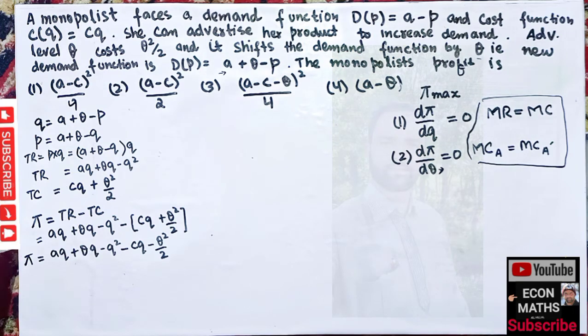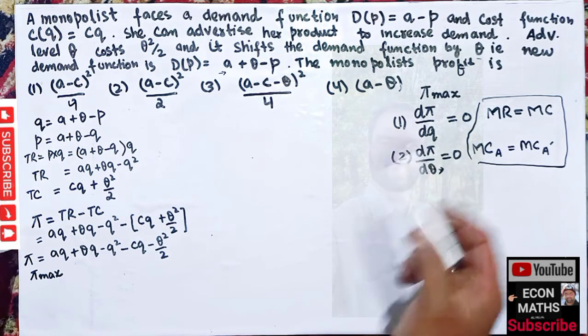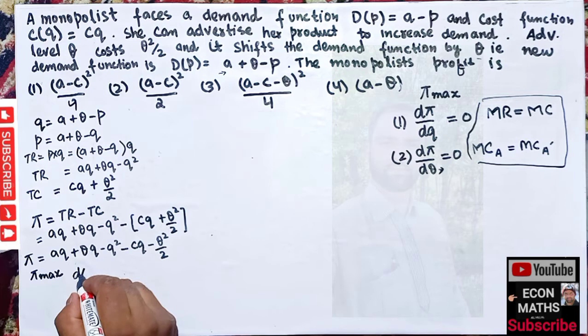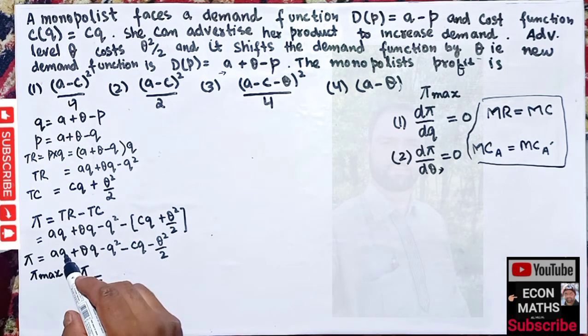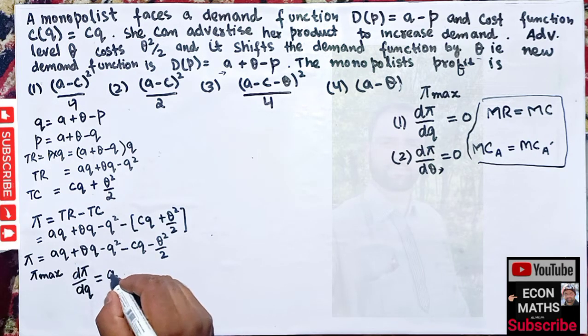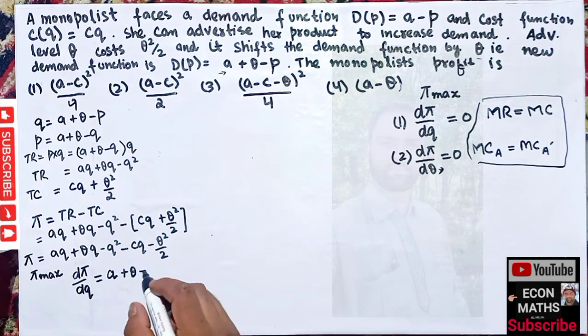Okay, so what is the profit maximizing condition? As I have told you here, the profit maximizing condition is that we differentiate the profit function with respect to q and set it equal to 0, that is d pi divided by dq. So partially differentiating this profit function with respect to q, the derivative of q is 1 here, so we get a. The derivative of theta q is also theta, minus the derivative of q square is 2q.